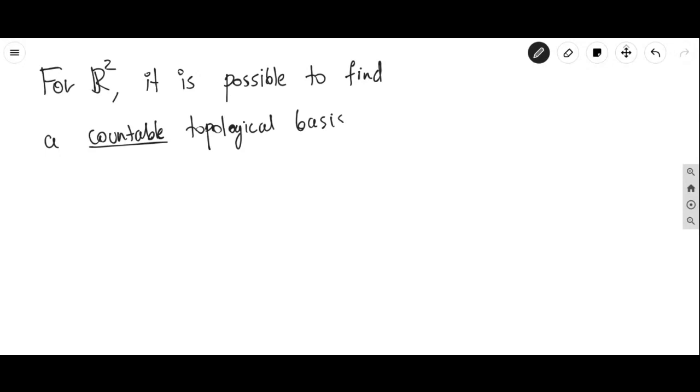Countable as in it's a countable set. In other words, this collection is a countable set. So the collection of all disks is too big.